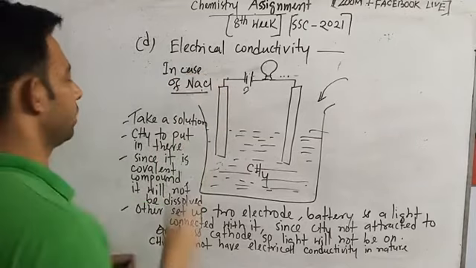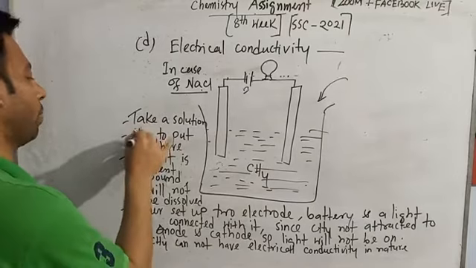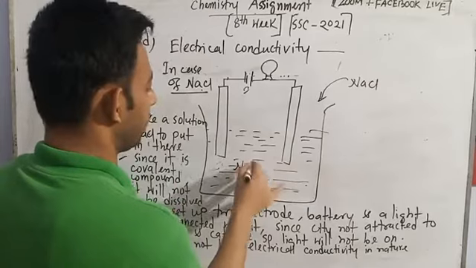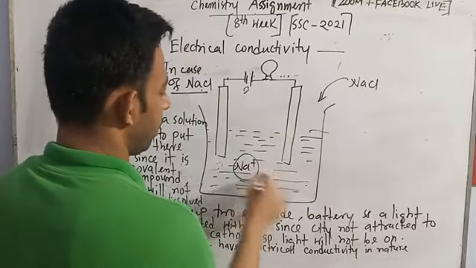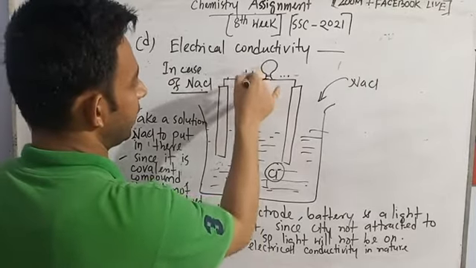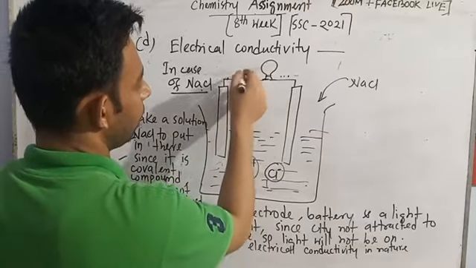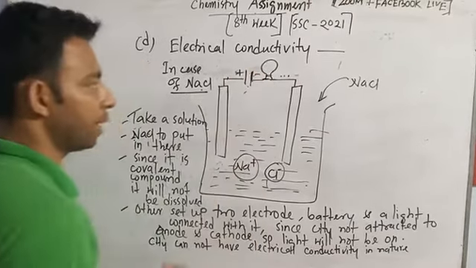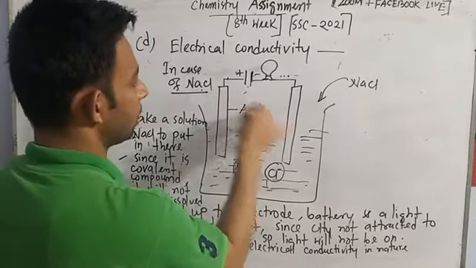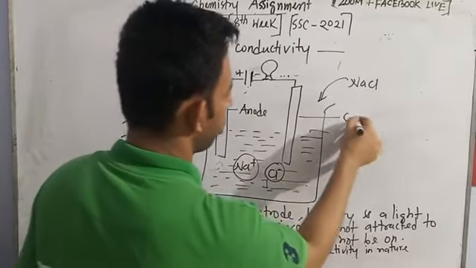Now we'll write in case of sodium chloride, another figure you will draw. Take a solution, any solution. Okay, we will put sodium chloride in there, and we will get the sodium ion and chloride ion. The battery has two ends. One is the positive end, the anode, and the other is the negative end, connected with the wire, the cathode.